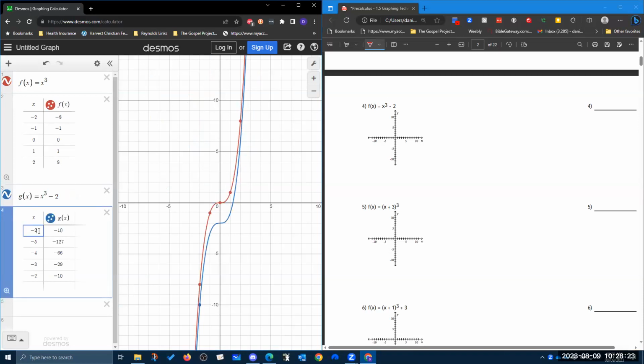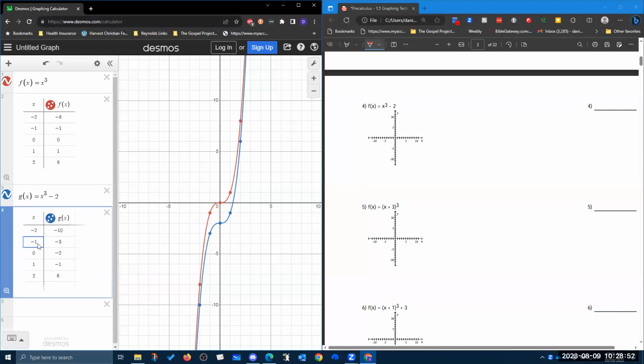Let's change these all back to their characteristic points so that you can see that what I've done is taken every point and shifted it down 2. So red points have shifted down 2 to become blue points. Excuse me. There we go.